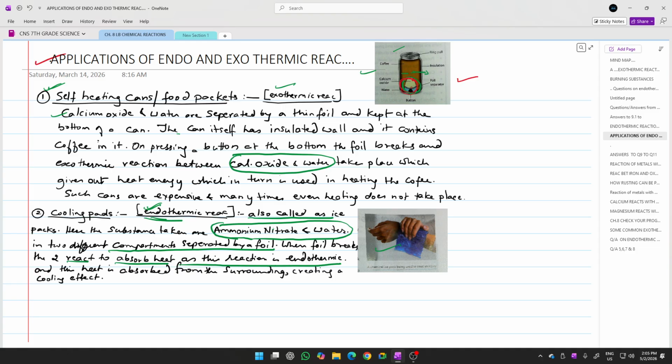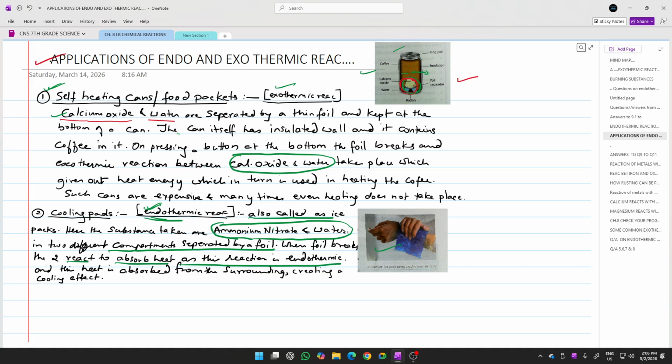In one compartment you will find some chemical, and in the other compartment you will find water. Let us read this first so that you will understand. In one of the compartments calcium oxide is kept, and in the other compartment water is kept.